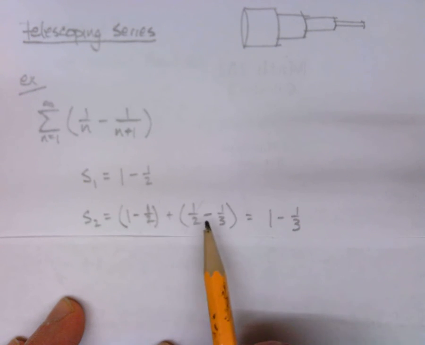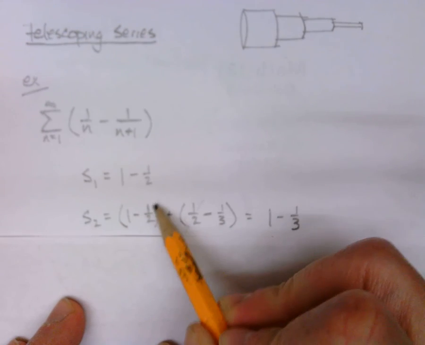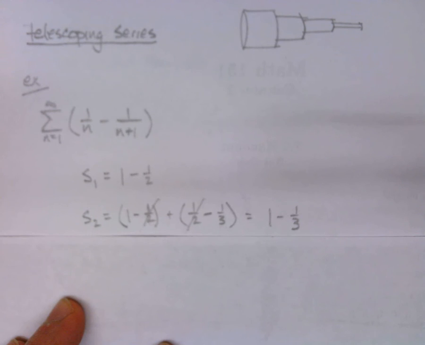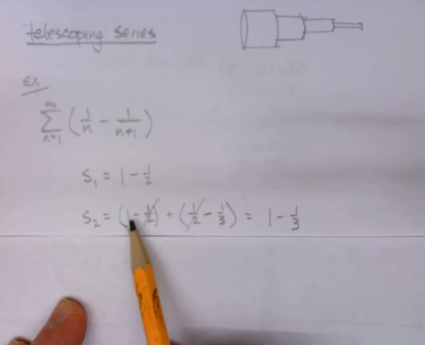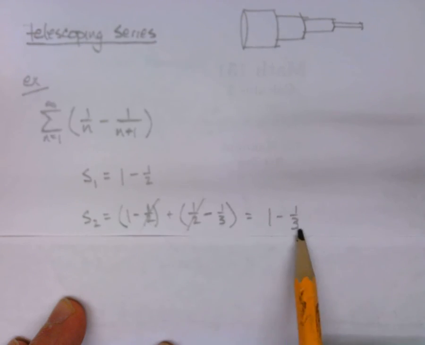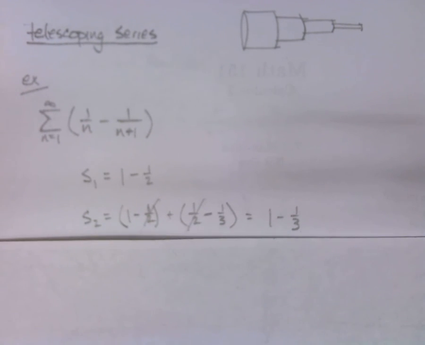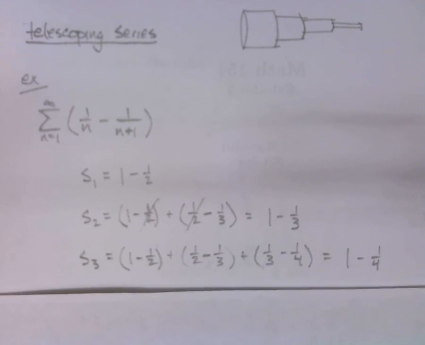Putting that all together, don't those halves cancel out? And all we've got is 1 minus 1/3. I'm going to leave it like that. So there's this collapsing. Okay, how about the third partial sum?